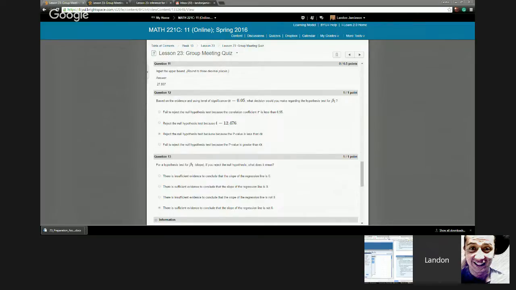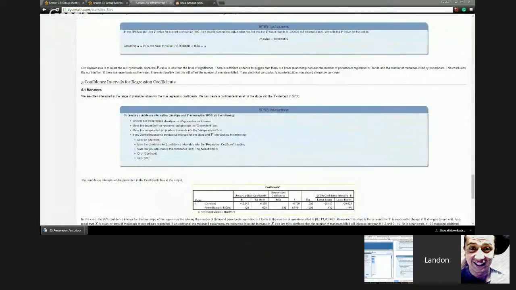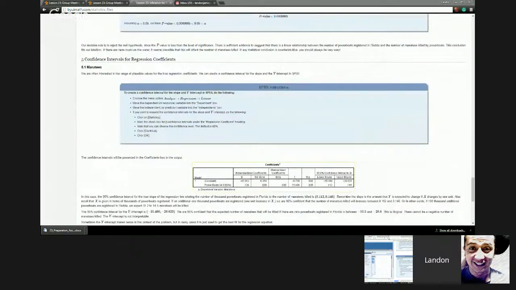So, according to this, statistics, press, oh wait, let's go back to that. Confidence interval for the regression. We got, under coefficient, select it, okay, continue, okay.